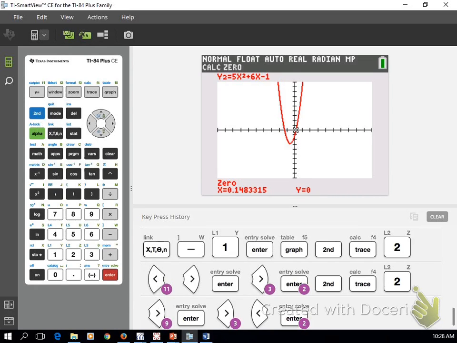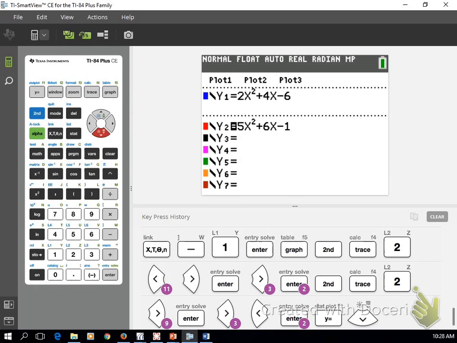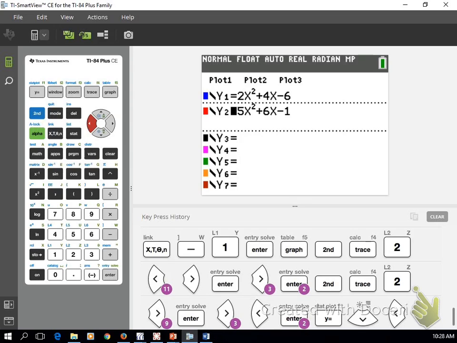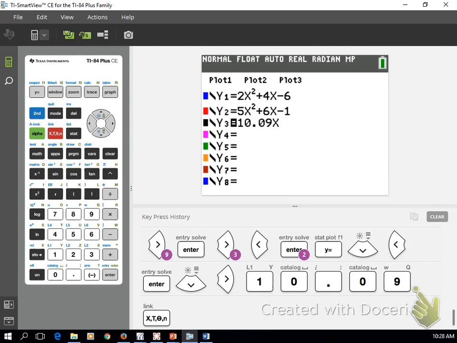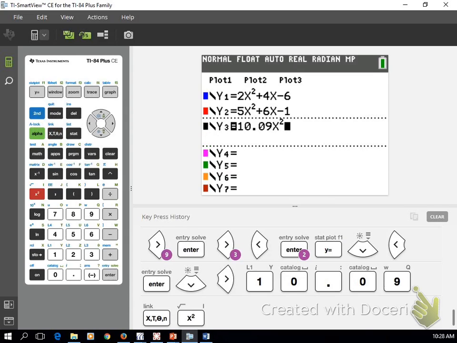Okay? And last but not least, type in the next function, which was 10.09, this would have been a nightmare to graph. And then plus 4.56x.